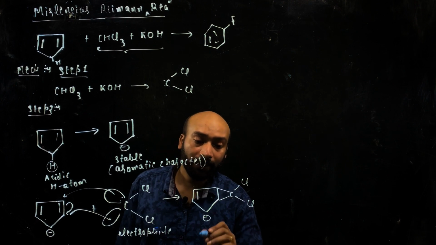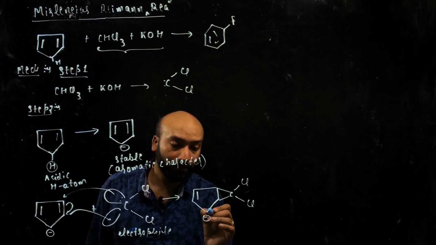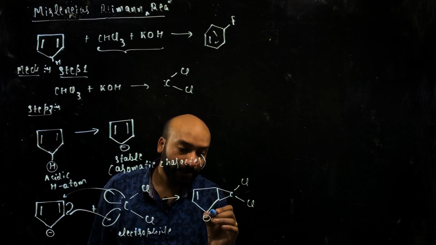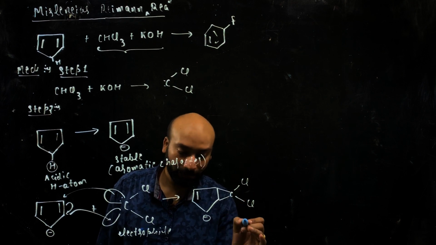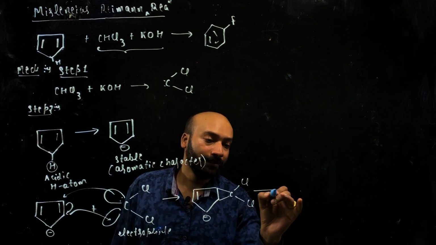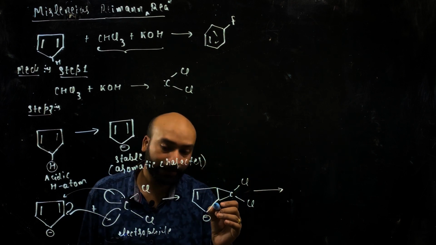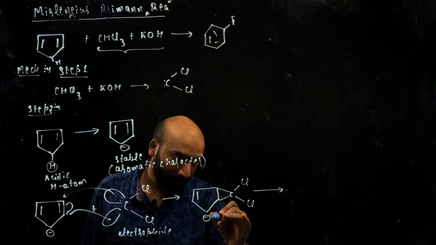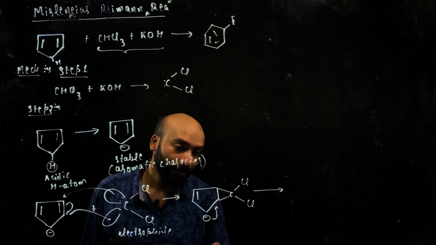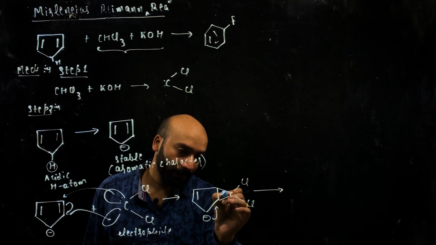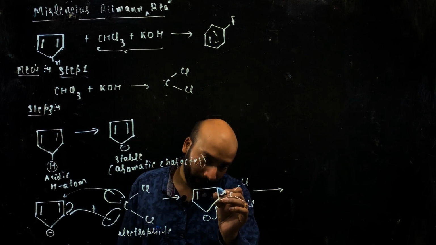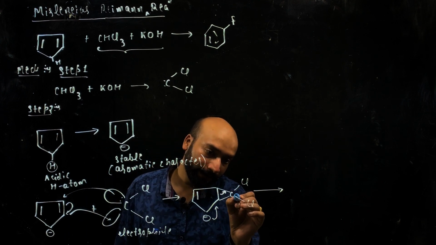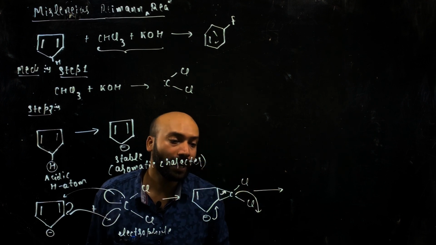So what will be the next step? In the next step, this negative charge will form here, one pi bond will form here, another double bond will form here, and one Cl negative will leave from that direction.